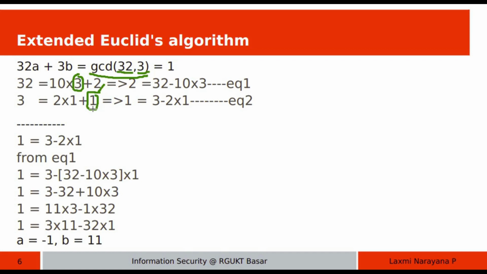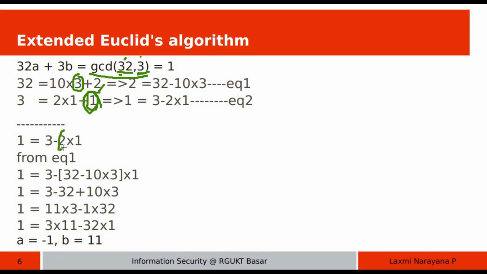And we can go for the next step to find the coefficients for this 32 and 3. First we need to express this GCD as a linear combination of 32 and 3. This equation can be rewritten like this: 1 equal to 3 minus 2 into 1.